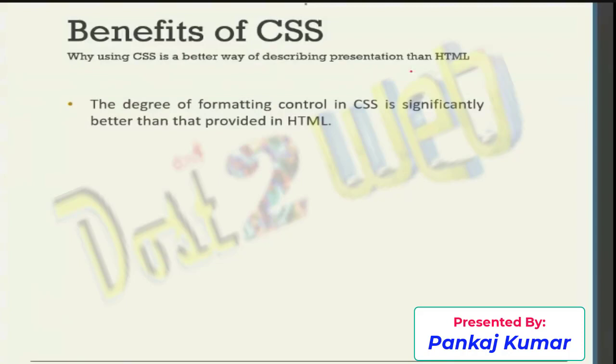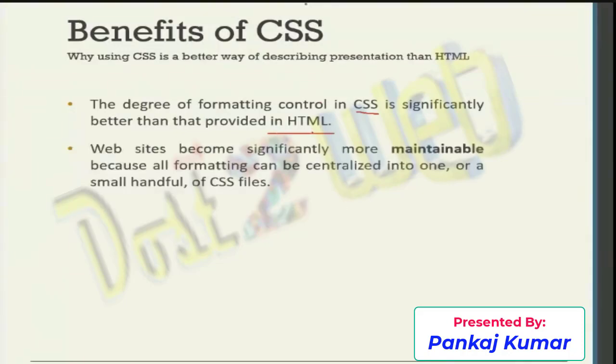Point number one: the degree of formatting control in CSS is significantly better than that provided in HTML. We were using styling code in HTML, but with CSS it is better because there is separate format control where you can define the style once and apply it on each paragraph wherever you need, compared to HTML.